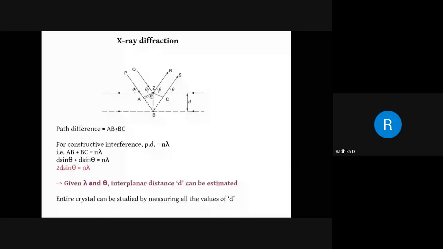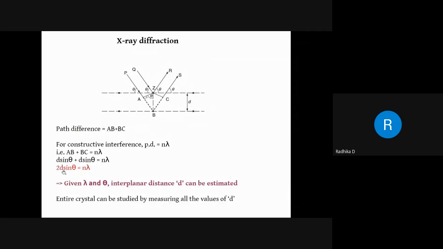If interplanar distance d is of the order of 10 power minus 10 meter, then even the lattice parameters a, b, c of the crystal structure, the lengths of the sides in all 3 directions, are also in angstrom or 10 power minus 10 meter. If you have to find out d, if you have to study a, b, c, the lattice parameters, then obviously you need X-rays, which also have wavelength of the order of 10 power minus 10 meter.